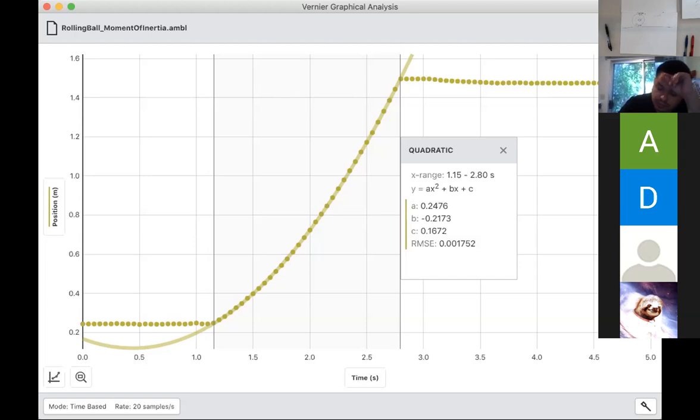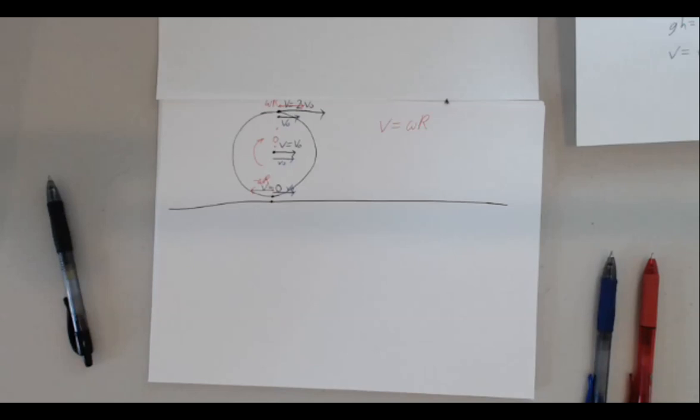So here's how we get less net force. Now, by the way, let's keep track of this. We measured the acceleration of the ball to be 0.49 meters per second squared. Okay. So let's keep track of that. All right. Let me stop sharing this screen and start sharing this one again.